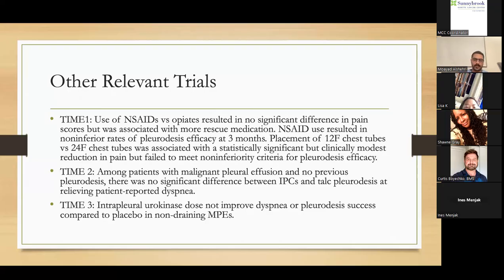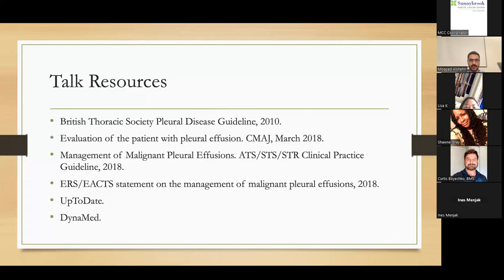This is an older study. In TIME3, intrapleural urokinase does not improve dyspnea or pleurodesis success compared to placebo in non-draining MPEs. That wasn't meant to be in detail, just a one-liner about each of them because we talked about them.